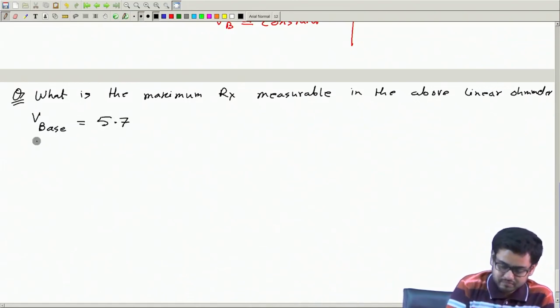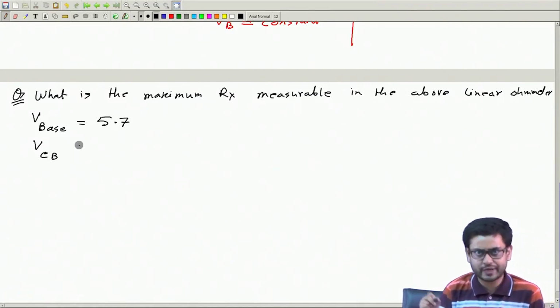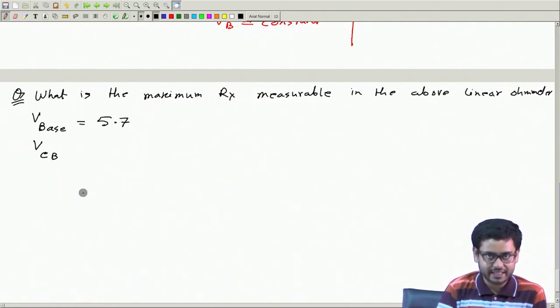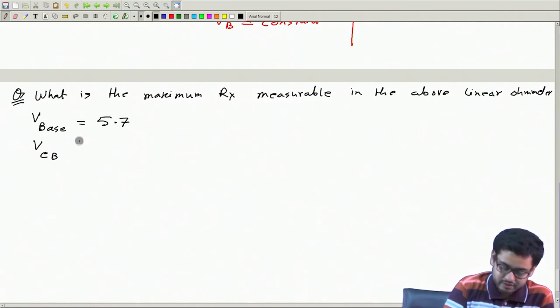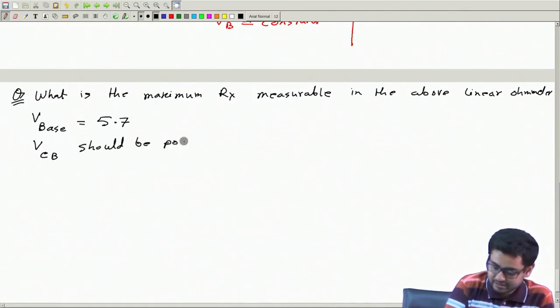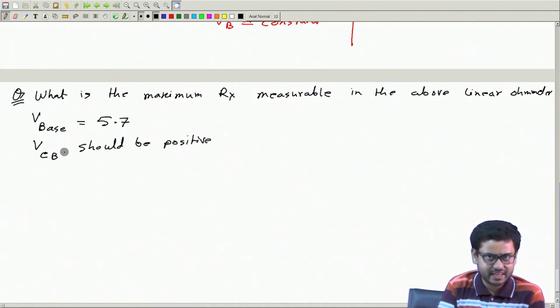And V collector to base has to be greater than some threshold, which you can get from the transistor characteristic, but it definitely should be positive, and maybe more than half a volt.